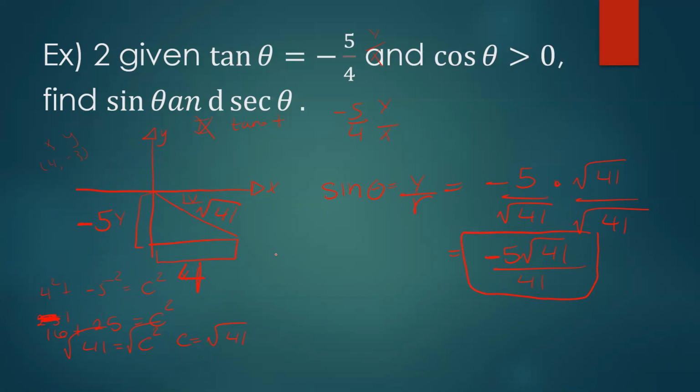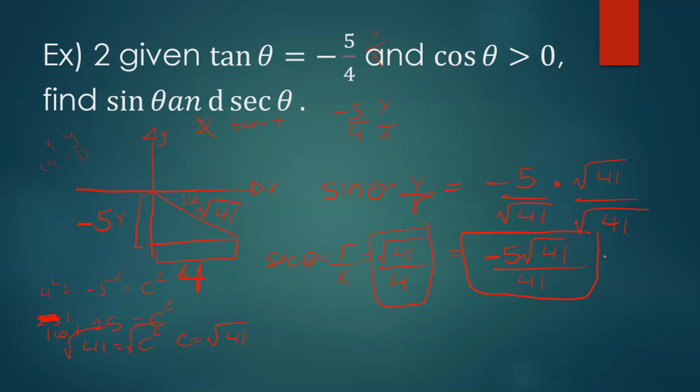Now let's find secant theta. If you go back to your notes, secant theta is radius over x. So my radius is radical 41, and my x value is positive 4. That's your final answer.